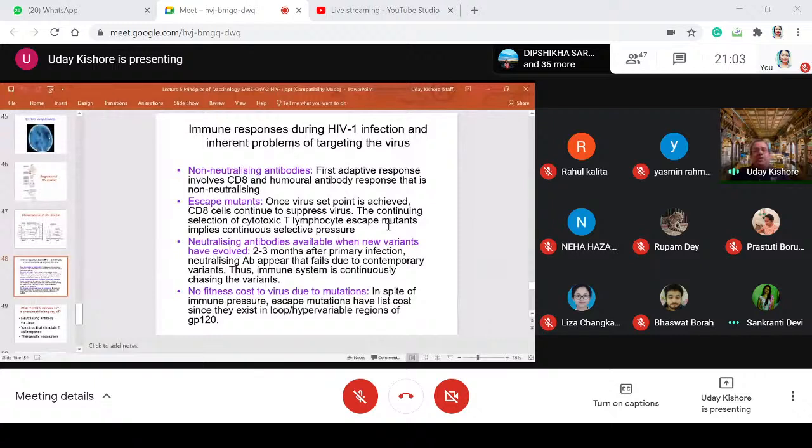I need to do something. That is the time when this virus starts to make mutations, because there is an immune pressure on the virus, okay? And because of that, the set point which has been achieved, what we see as host pathogen standoff, is basically an opportunity for the virus to create new variants, new mutants.